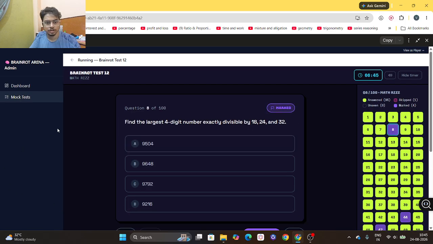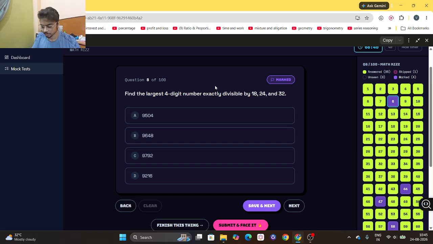Find the largest four-digit number which is exactly divisible by 18, 24, and 32. Take the LCM of 18, 24, 32. Dividing by 2, 9, 12, 16, then 9, 6, 8, then 9, 3, 4, then 3, 3, 1, 4, 3, 1, 1, 4, and 4.